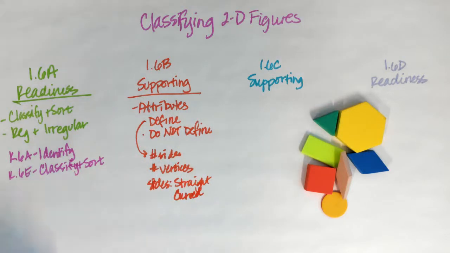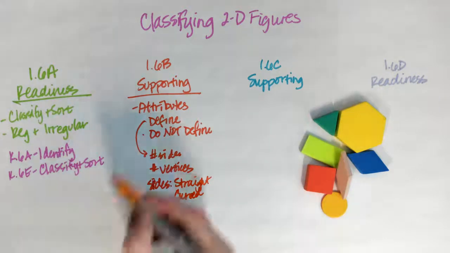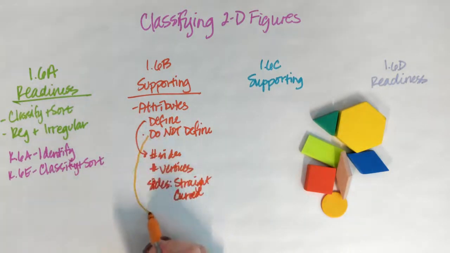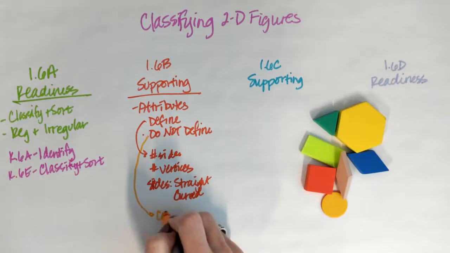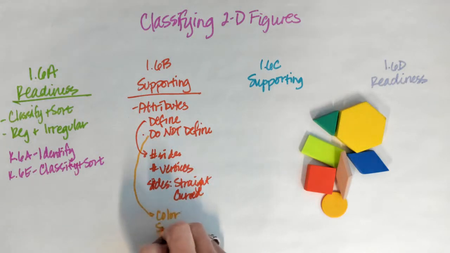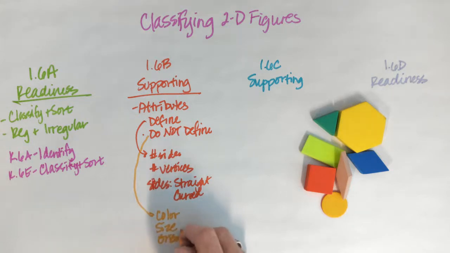If I'm talking about attributes that do not define the shape, I'm talking about things like color, size, and orientation. So what do I mean by that?